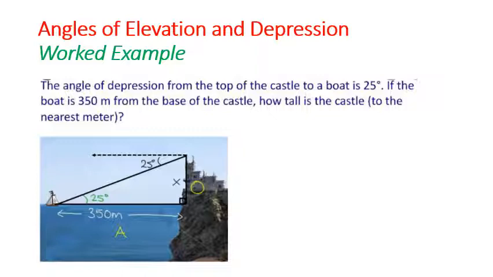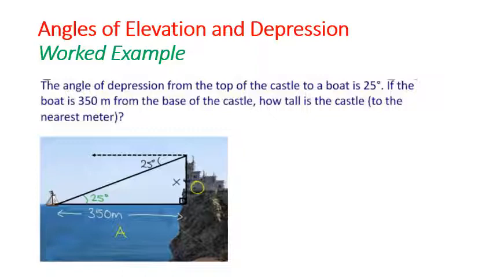But interestingly, and it helps us, we can recognize that that 25 degrees is also the same as the 25 degrees made between the sea level line, the horizontal line down the bottom, and the line between the top of the castle and the boat. They are alternate angles, so that's 25 degrees down there as well. And now we have what we need to start looking at a solution.